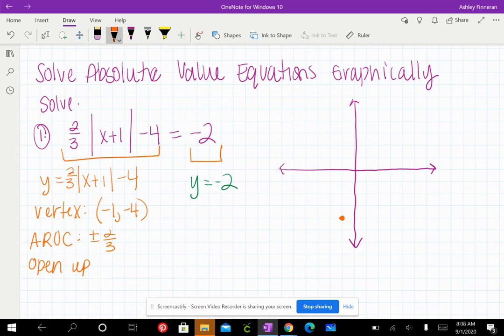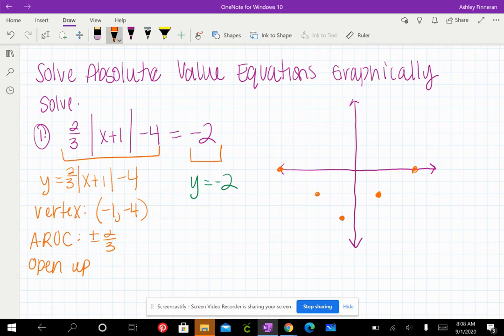So -1, -4. And I'm going to use an average rate of change of 2/3 for either side, so plus or minus 2/3. So I'm going to go up 2, right 3, up 2, right 3, up 2, left 3, up 2, left 3.